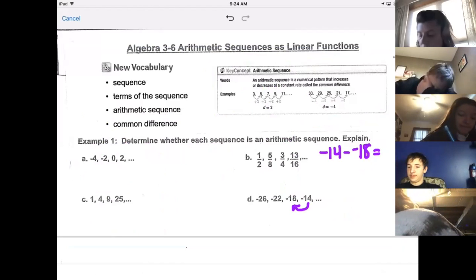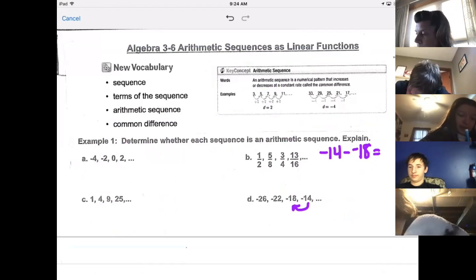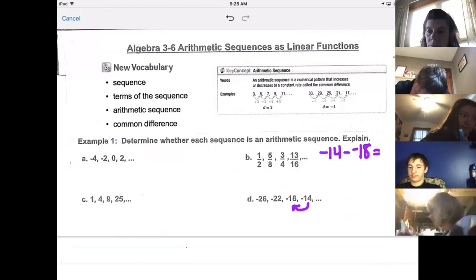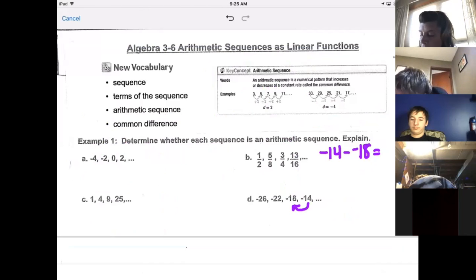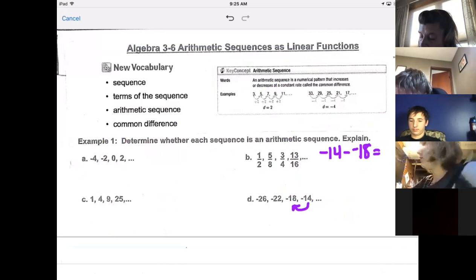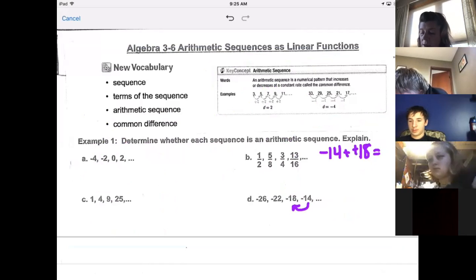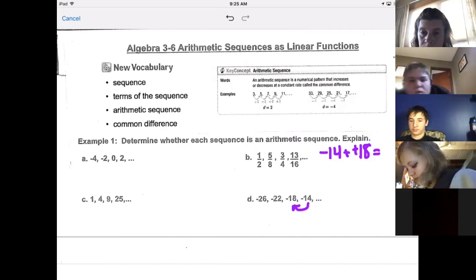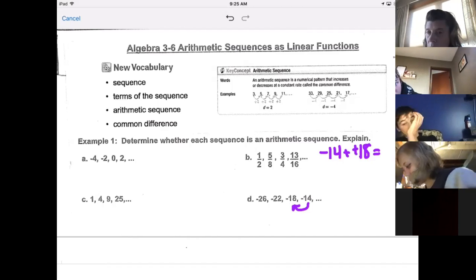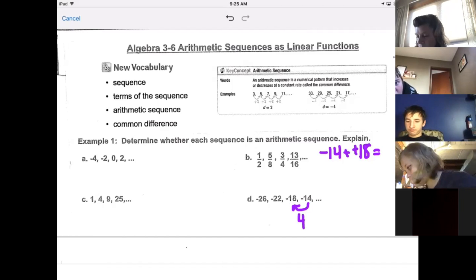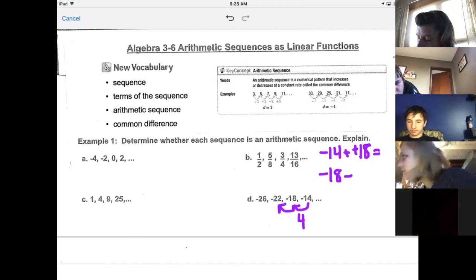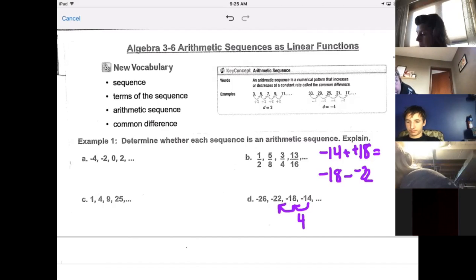What is -14 minus -18? 32. Do a same change opposite though. So same change opposite. Now what do you got? 2 or 4. 4, right. So this is 4.